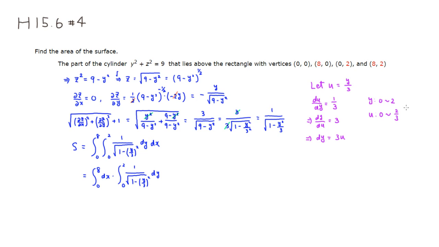So this integral becomes: the antiderivative of 1 with respect to x is x, going from 0 to 8.